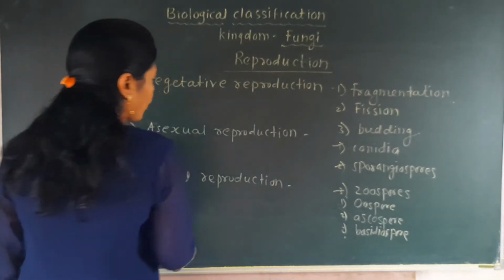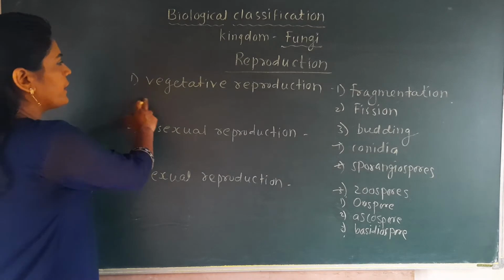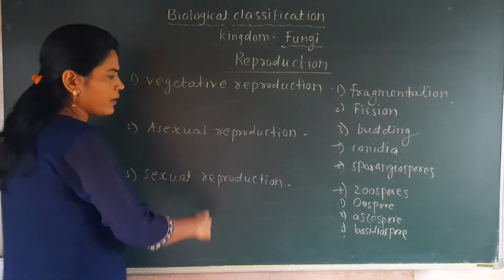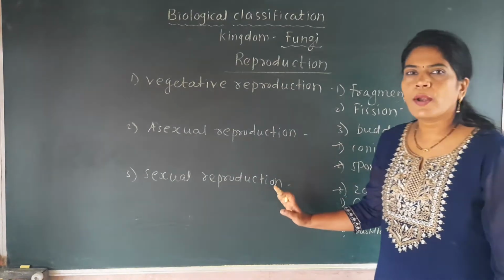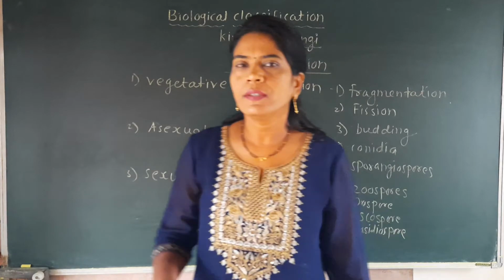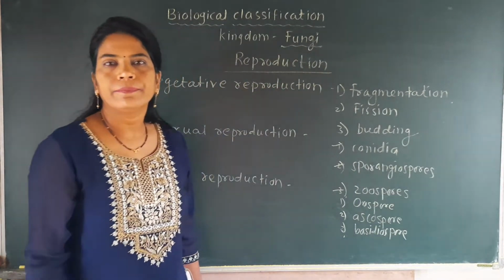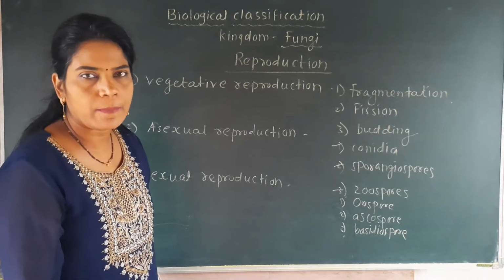All of you can see very well the reproduction methods in fungi. These fungi reproduce by three methods: vegetative reproduction, asexual reproduction and sexual reproduction. Here we are discussing sexual reproduction, where there is a fusion of male and female gametes, and then you will find spore formation.